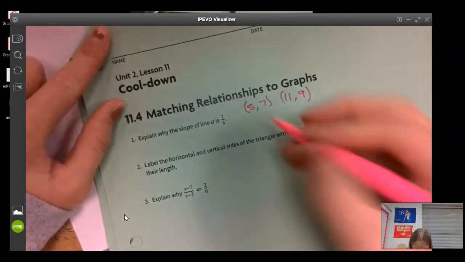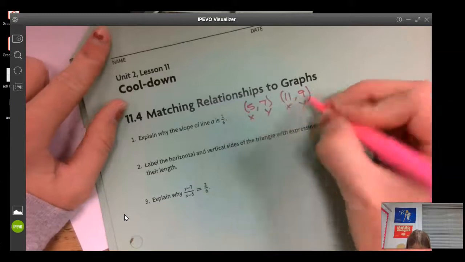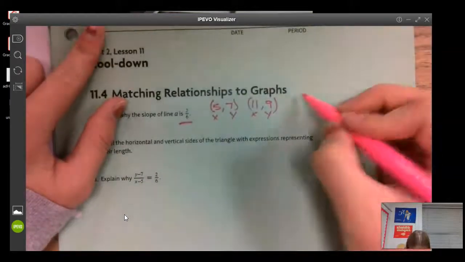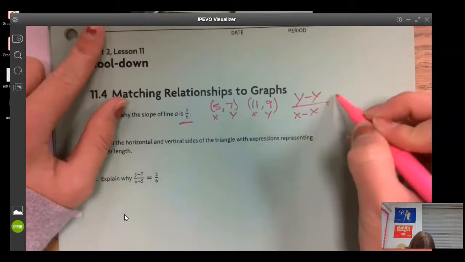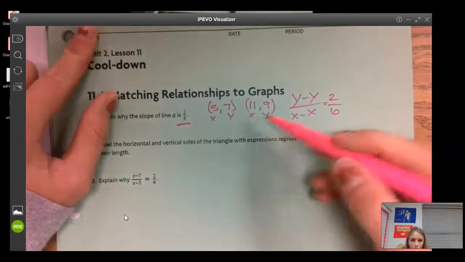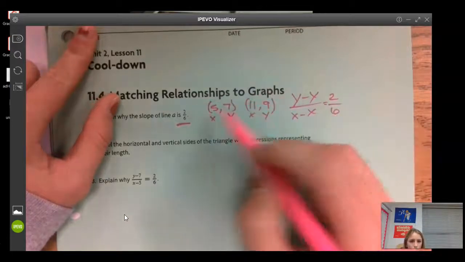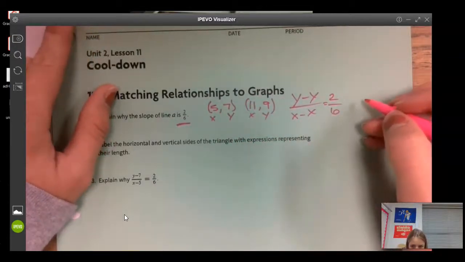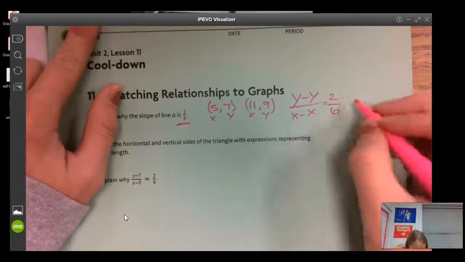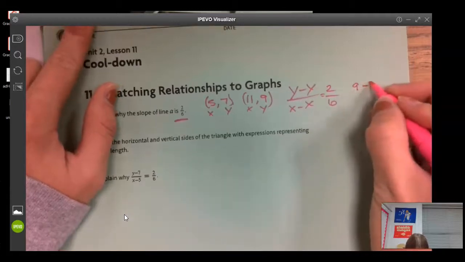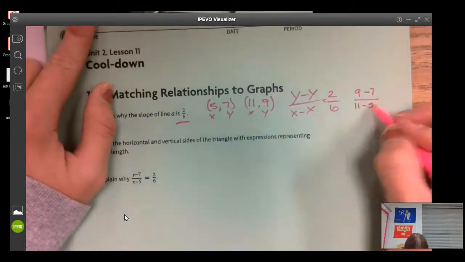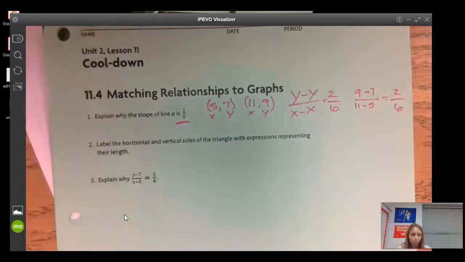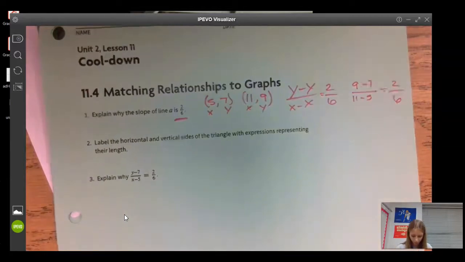Well, if we plug these into our formula, we can then prove that this is our slope. So y minus y over x minus x equals 2 over 6. So let's plug in these 2 points off of our line and see if we get the right answer. So I'm going to take 9 minus 7, and then 11 minus 5. There we go. So we took 2 points off the line, and there we go.